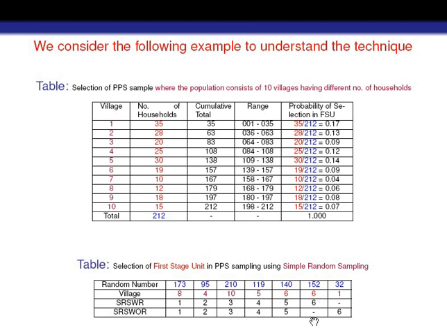We just drop it and after that we consider the next one, because in simple random sampling without replacement we do not consider the repetition of units. So this is the way we can use simple random sampling to draw clusters from the population to our primary sampling unit in probability proportional to size sampling.